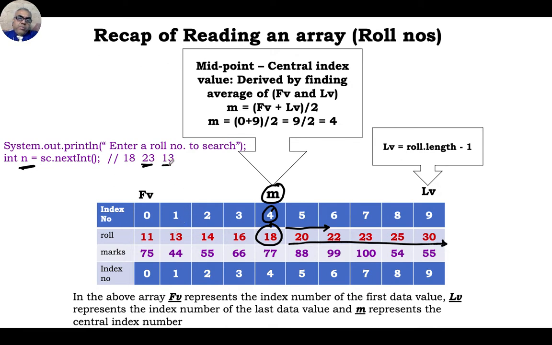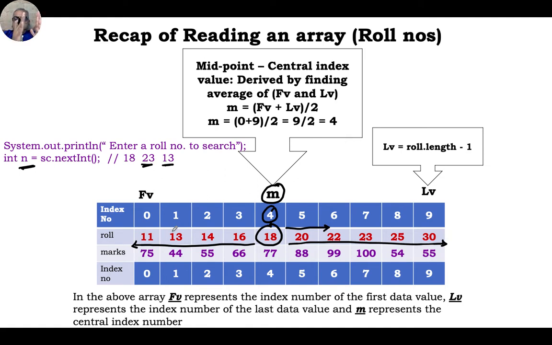Similarly, if my input value is lesser than my first central data, then my search has to be done on the left hand side only, because all the values lesser than 18 are on the left hand side, not on the right hand side. So at any point of time you are dividing the data into a center; you find a central value.